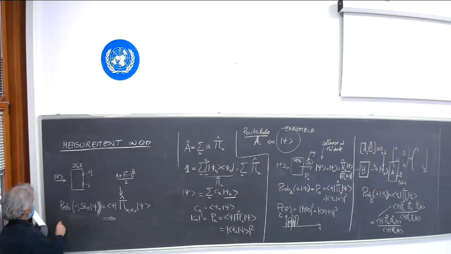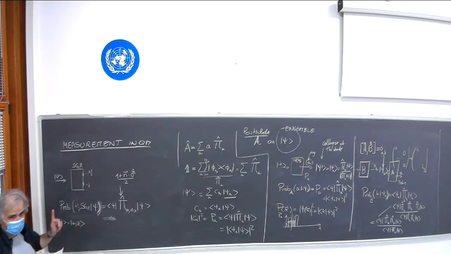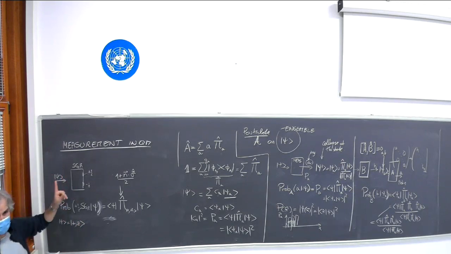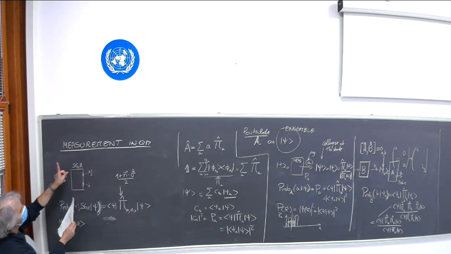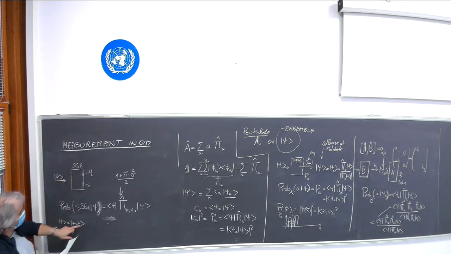Suppose that the state that I send there is now psi equal to the state plus along Z. So the experiment is I do some Stern-Gerlach and I prepare states with spin along Z, and I send them to a second filter, the Stern-Gerlach along n. I want to know the probability that my first spin along Z passes through the apparatus.